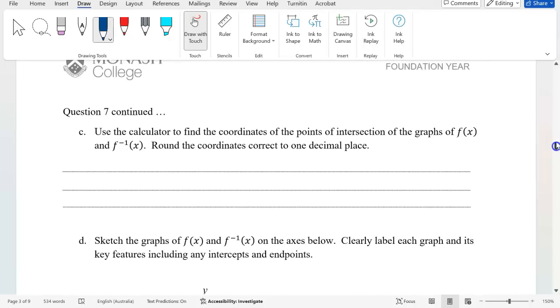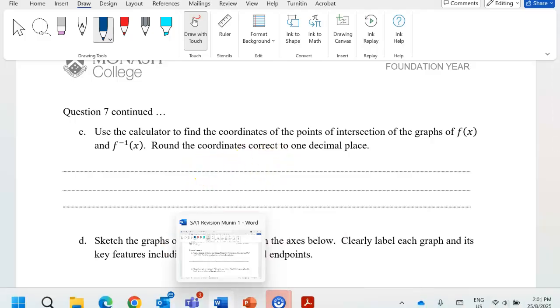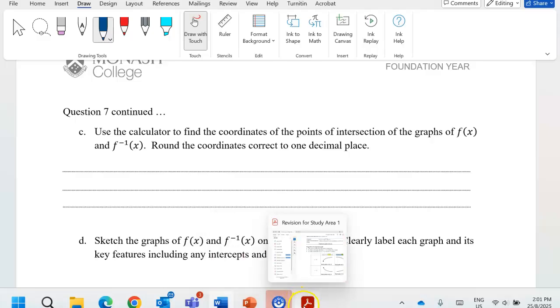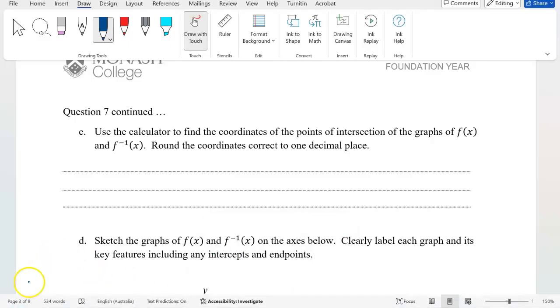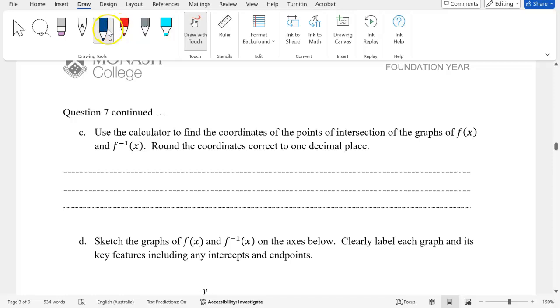Use the calculator to find it. Sorry, the program doesn't allow me to sign in, so it's only 15 minutes. I've got to rush a bit.